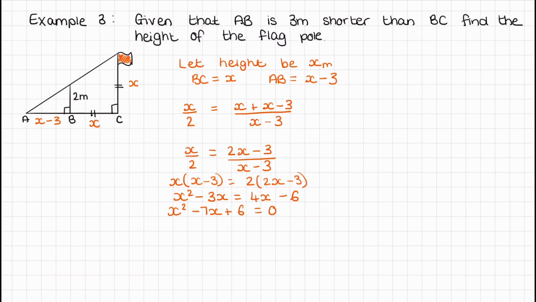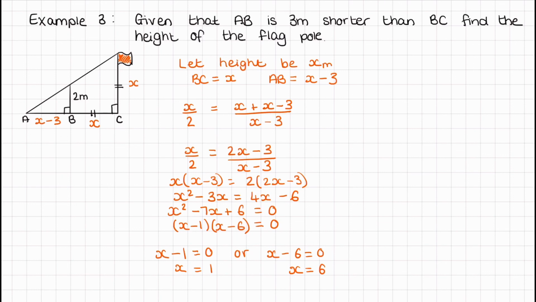Now we have a lovely quadratic. Once again, solve however you like. These can all be done with factorisation, so I'm going to do that again because it's quickest. So we'll have x minus 1 and x minus 6, and that means that x minus 1 equals 0 or x minus 6 equals 0, so x can equal 1 or x can equal 6.